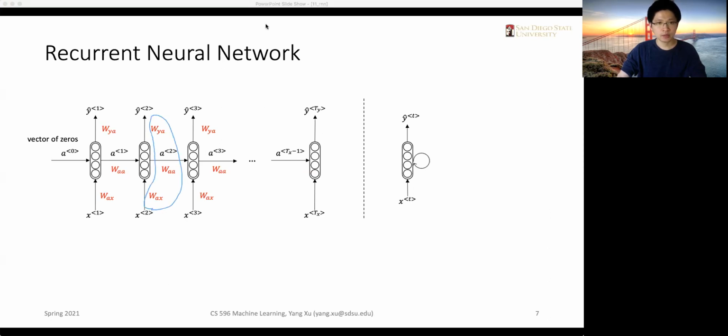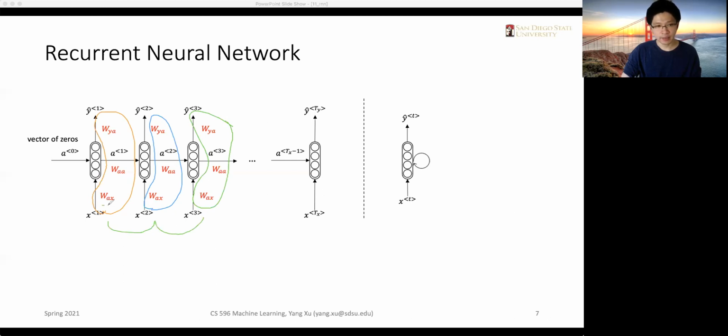So you see, these parameters are the same as these parameters. The group of parameters that I put into different colors are actually the same parameters. They are shared across different time steps.